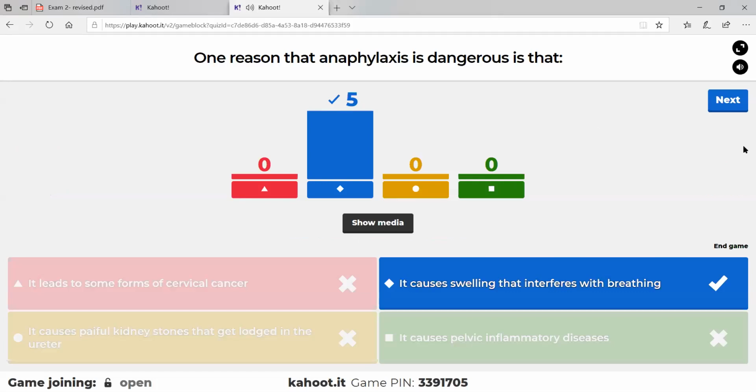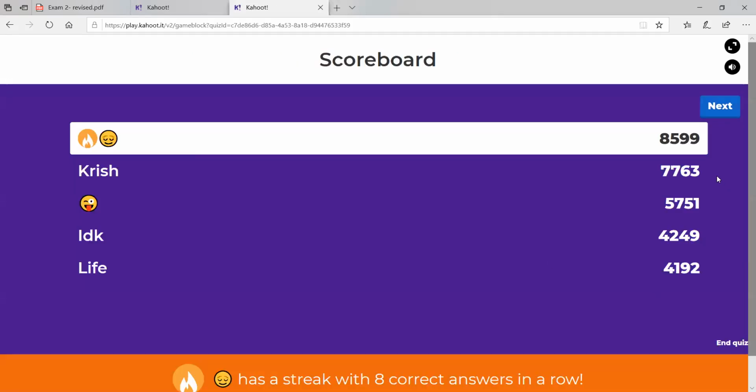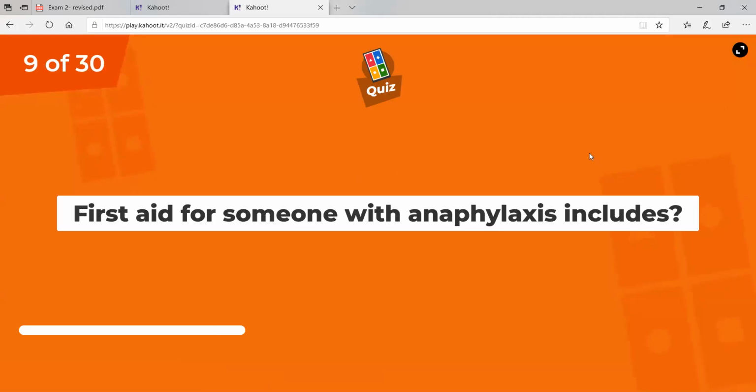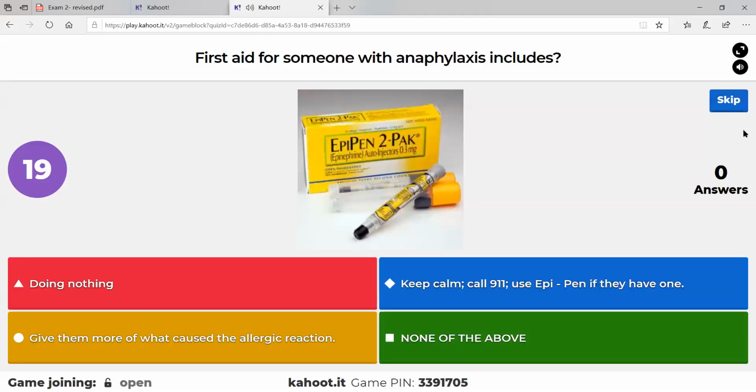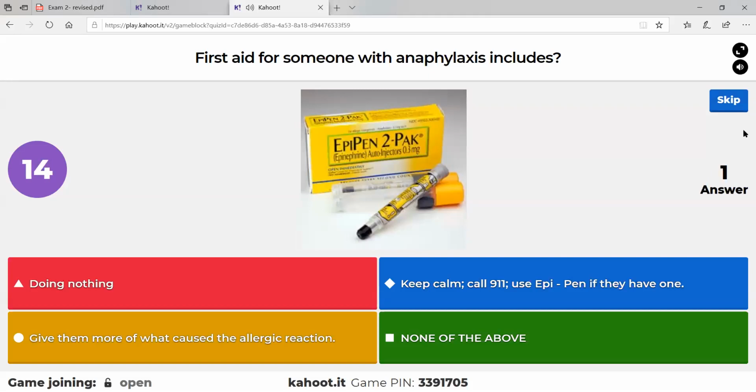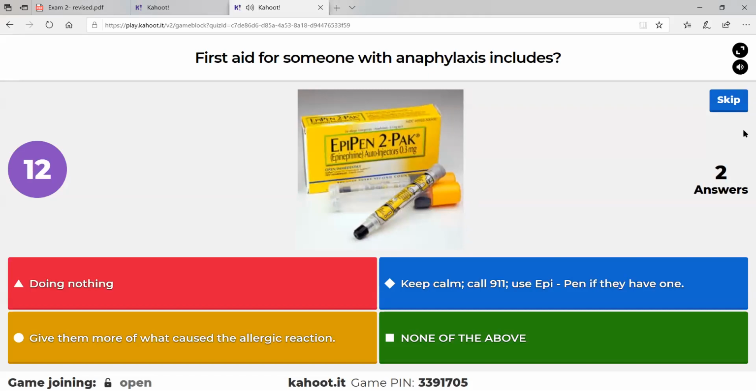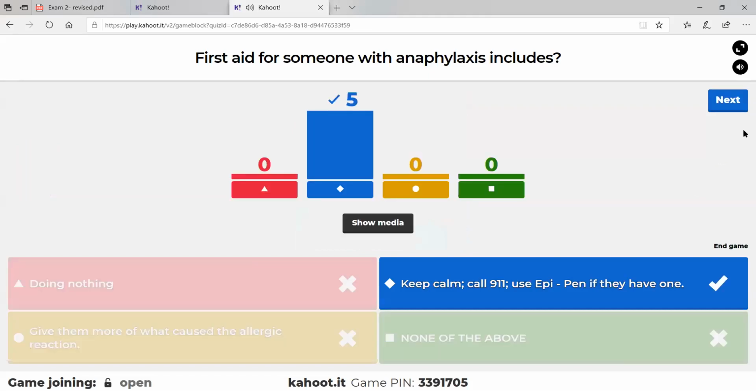My goodness. Okay, first aid for someone with anaphylaxis includes what? Keep calm, call 911, use the EpiPen if they have one.